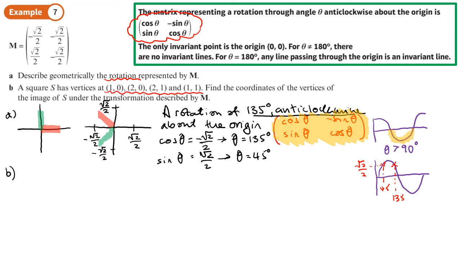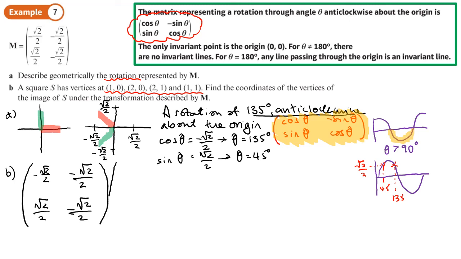Now part B, we've got a square with these vertices, and we want to find the coordinates of the vertices of the image under the transformation described by M. So let's write the transformation matrix out, which is this, it'll be quite big: negative root 2 over 2, and then root 2 over 2, and then negative root 2 over 2, and then also negative root 2 over 2, like this.